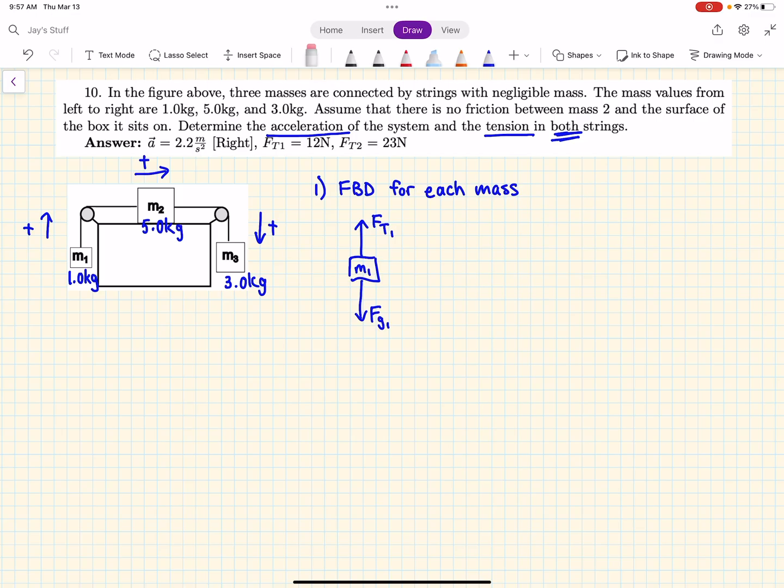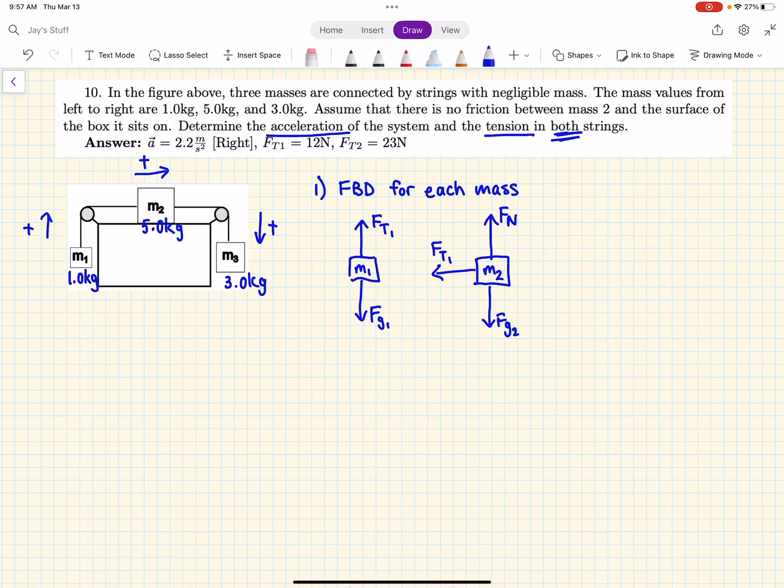Now let's look at mass 2. Again, we have force of gravity, we'll call it force of gravity 2. This box is not accelerating up or down, so there must be a normal force that's balancing gravity, so those will be equal in magnitude. Now we have that same force of tension, because it's one single string, so the tension is going to be the same on both sides.